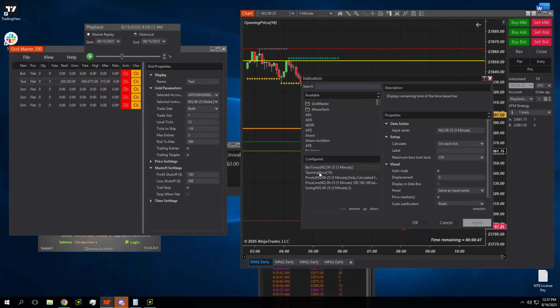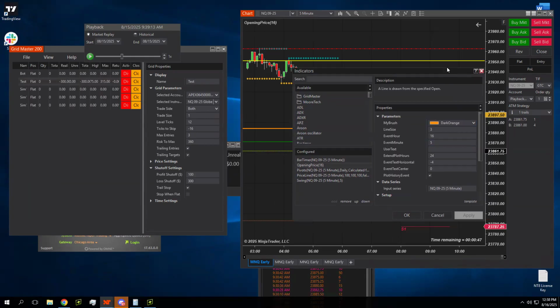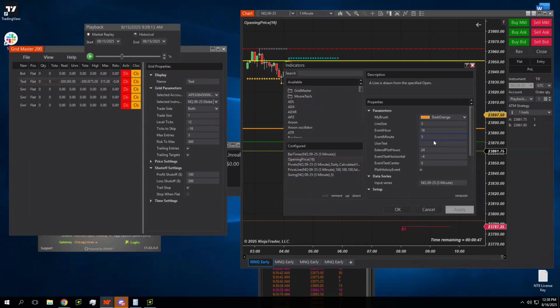So if you want to share the settings that you have, okay, here's opening price. Someone gave it to me. I didn't even know I had it on here, or you could get it again. But yeah, here are my settings for opening price. It puts that orange line there at 1605 every day. Explain that.